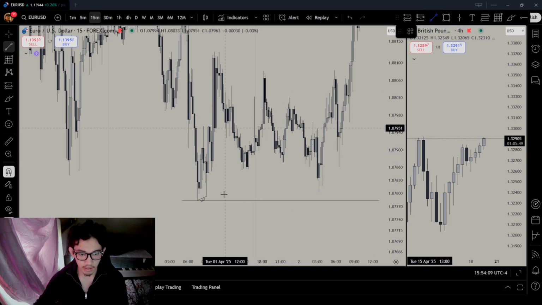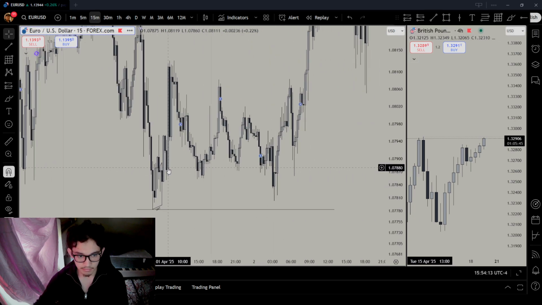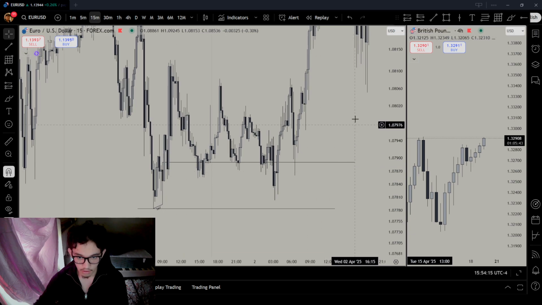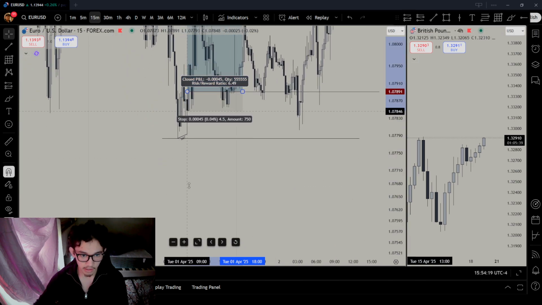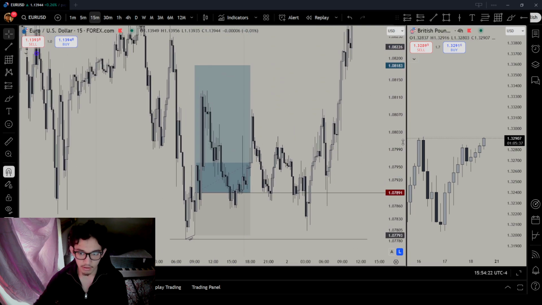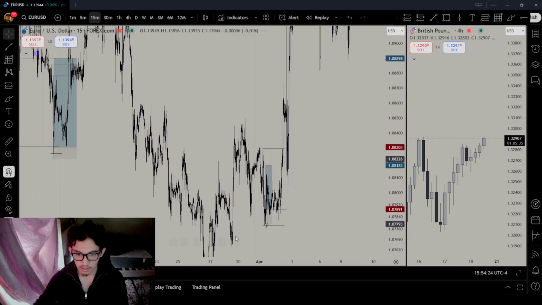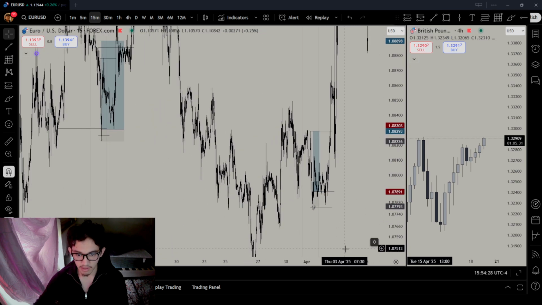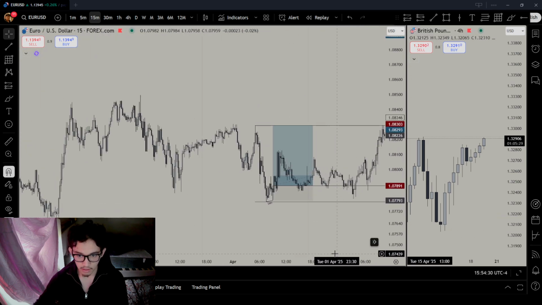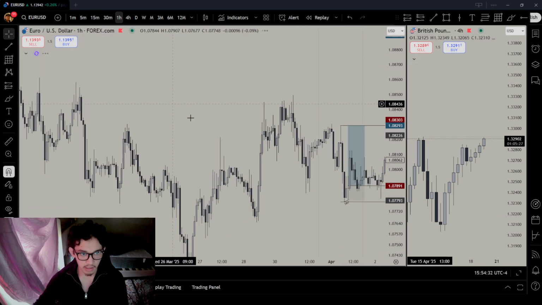So you can see right over here, SMT divergence, model 1 confirmation right over here. And you long it up to the higher time frame drawn liquidity. Stop loss right there for a 9.8 pip stop loss. Take profit 1, CRT high. And your last, other than that, your other take profit, some of you guys would be confused.